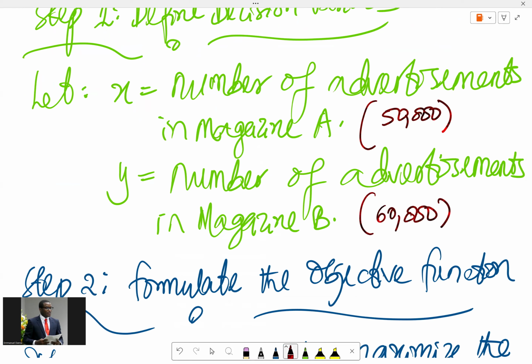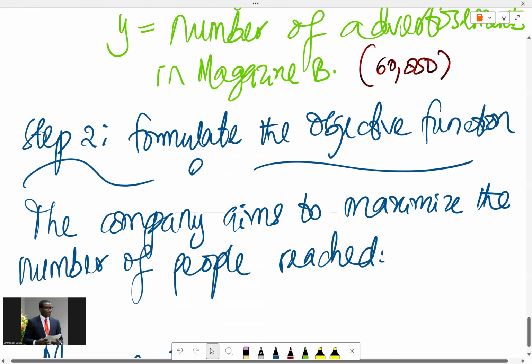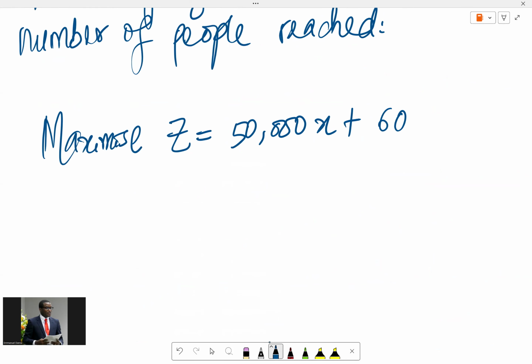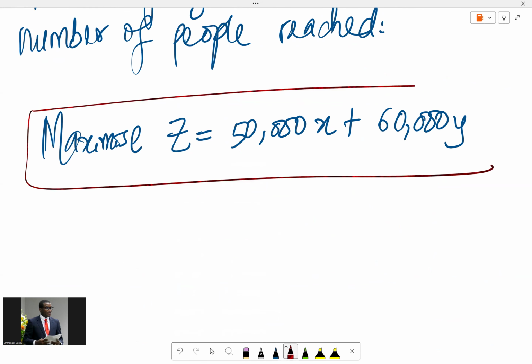So the total reached by A is 50,000 times X, while the total reached by B is 60,000 times Y. We want to maximize Z equals 50,000X plus 60,000Y. That's our objective function.